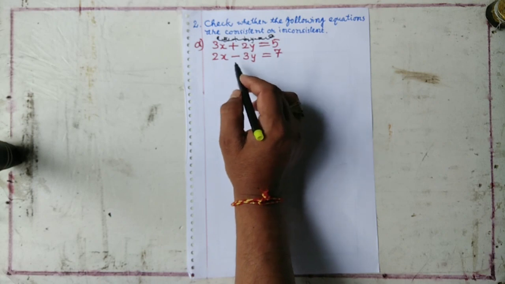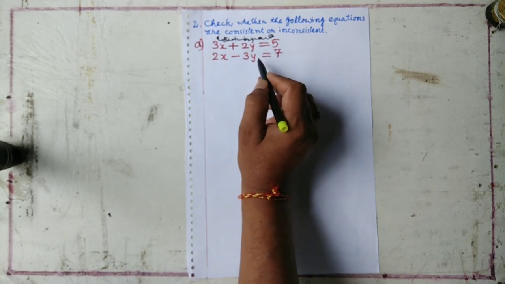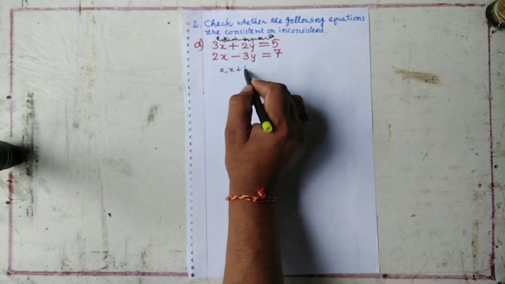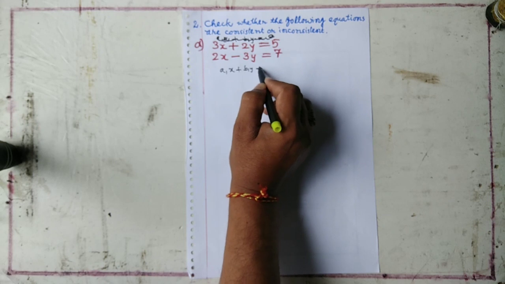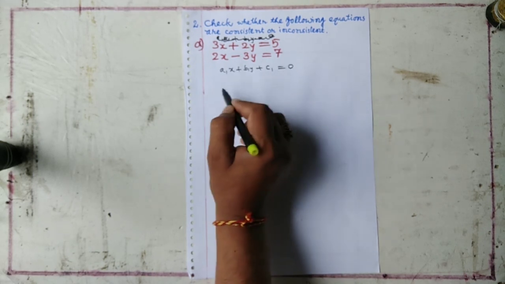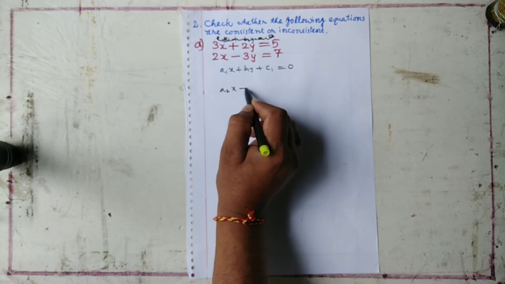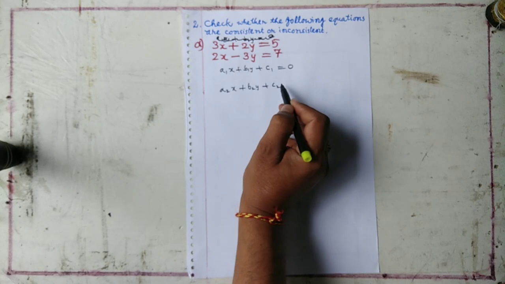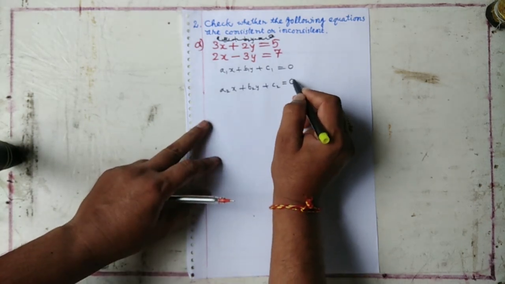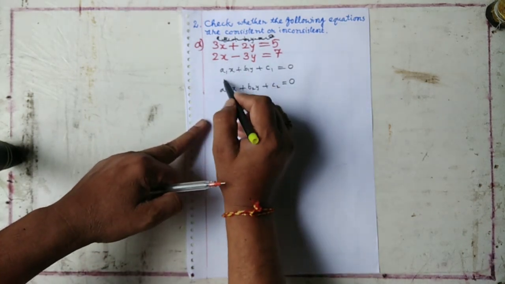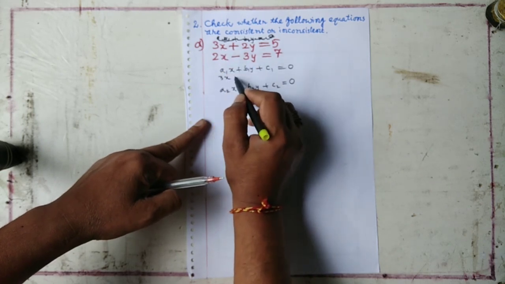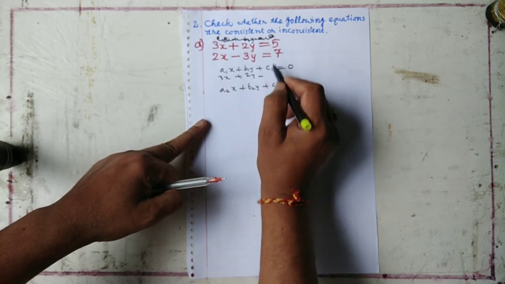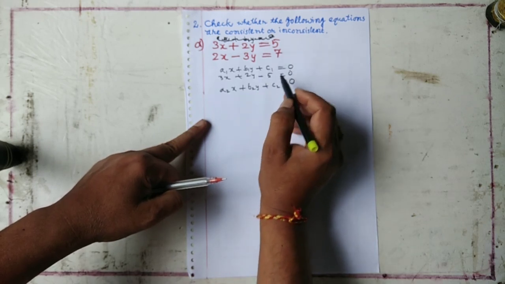On comparing these equations with the standard forms, a1x plus b1y plus c1 is equal to 0 and a2x plus b2y plus c2 is equal to 0. First equation, 3x plus 2y minus 5 is equal to 0.